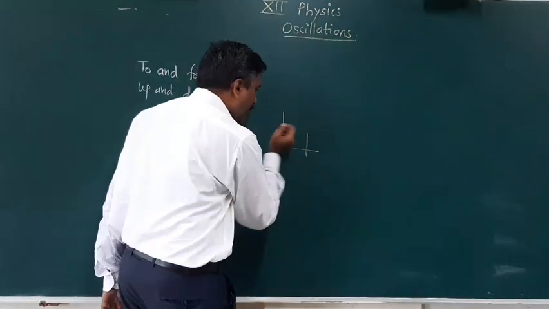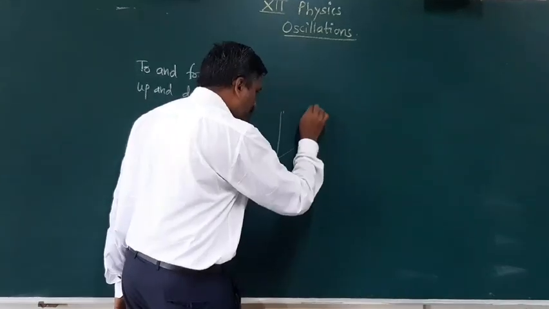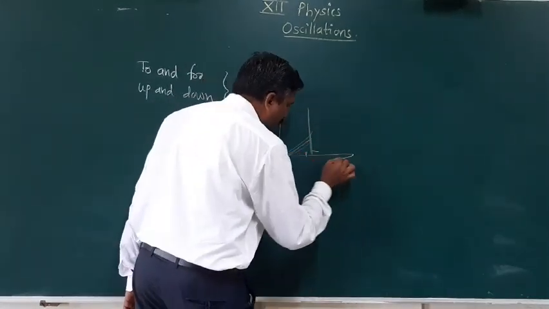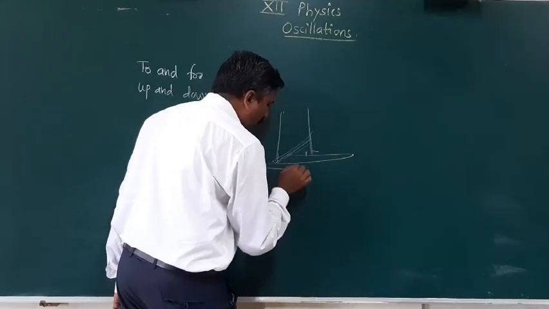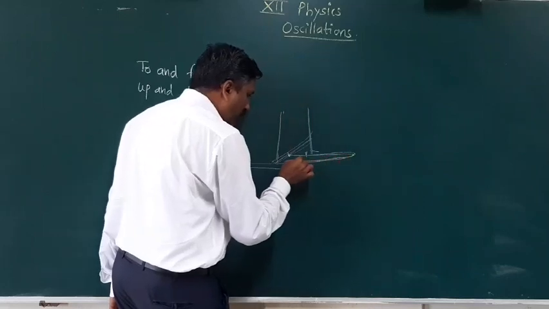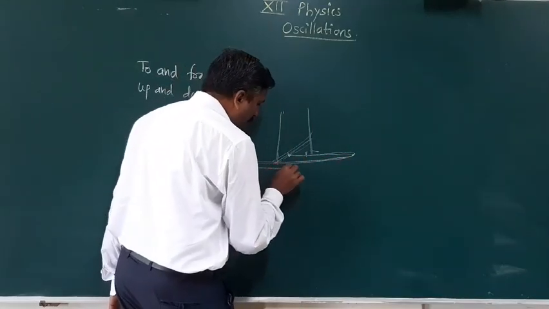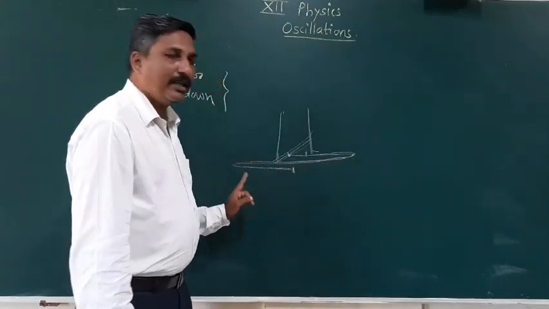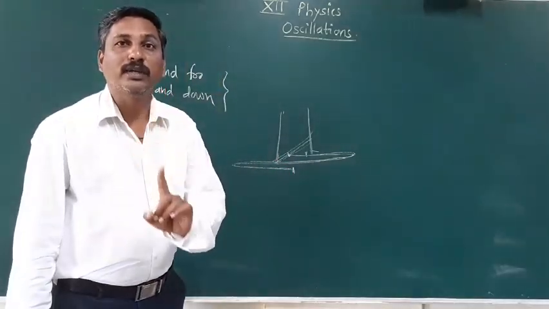It performs up and down motion. This is its initial position. It moves forward, it moves backward, and again comes to its initial position. Then we say that it completes its one oscillation.